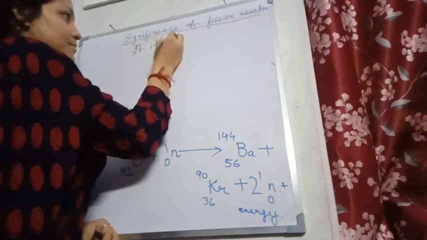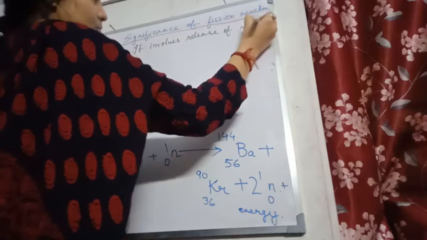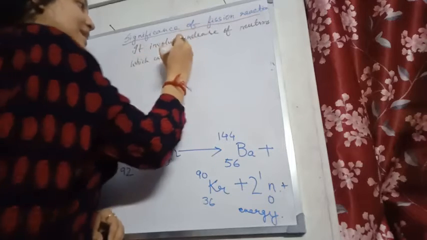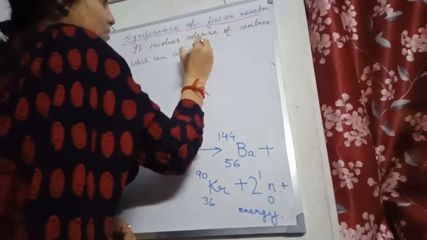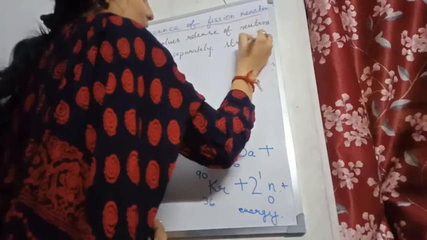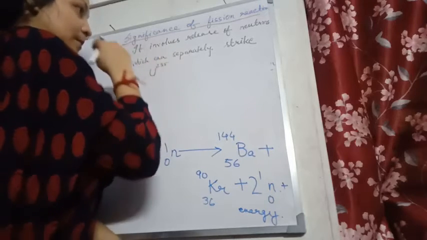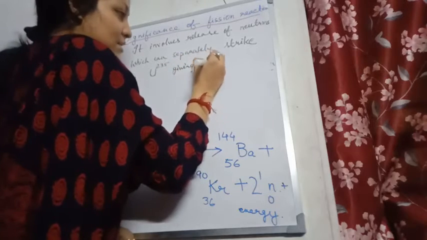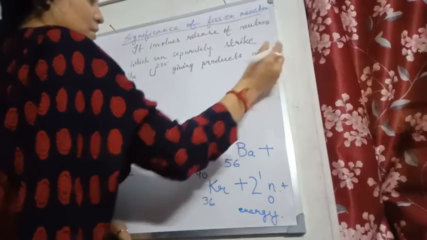It involves release of neutrons which can separately strike uranium-235, giving products, obviously the same products, barium and krypton, and more neutrons.